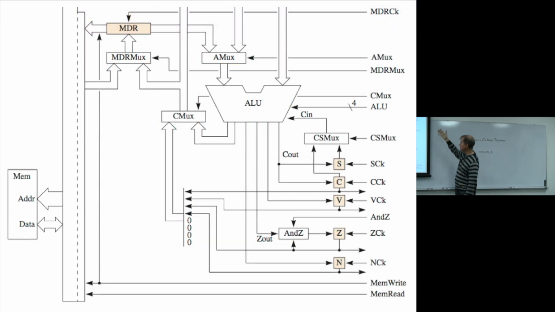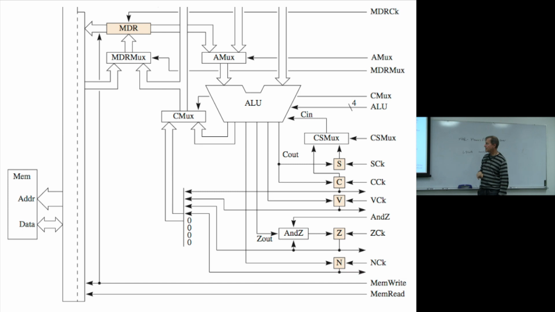So here's the expanded view. You see AMUX is coming in from the right, and that is a control signal. When that is 0, what is the output of the AMUX? Just by looking at the figure, if this AMUX control line is 0, what is coming out of the AMUX? MDR.